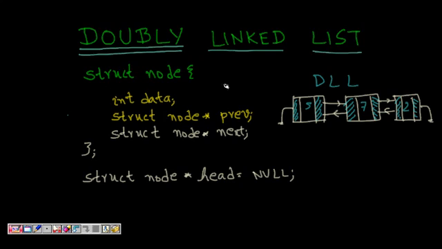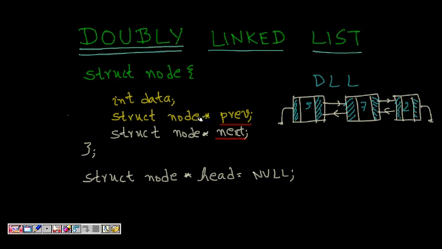Each node in a doubly linked list has three parts. First is the data part. You have some data, it could be int data, it could be char data or anything, a collection of things also. So we have an integer in each of the nodes. Then we have two other parts: the address of the previous node and the address of the next node.